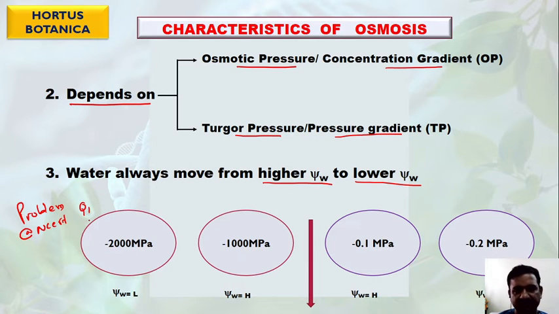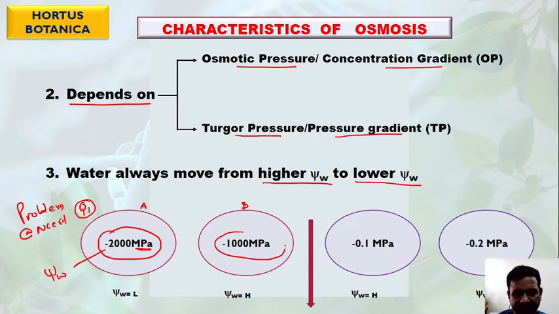Question number 1. They are asking, this is your cell A and this is your cell B. Water potential is always found in negative value, in megapascals. Here the water potential is -2, and here it is -1. Mind well. Which is more, -2 or -1?